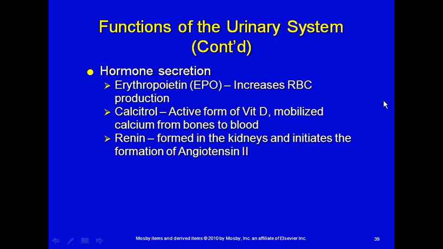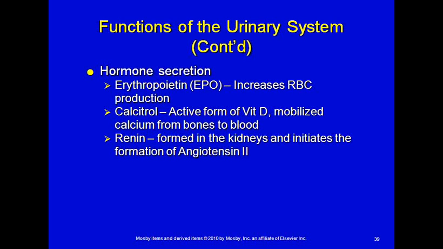The urinary system also is responsible for the secretion of certain hormones. One of those hormones is erythropoietin, and erythropoietin increases red blood cell production. So in a way, your urinary system is responsible for an increase in red blood cell production.